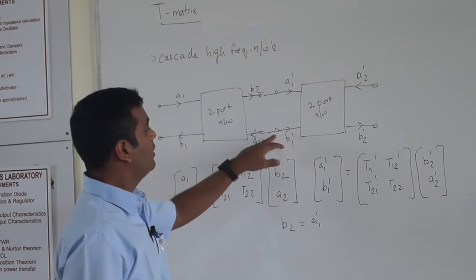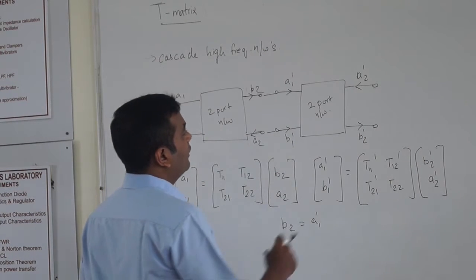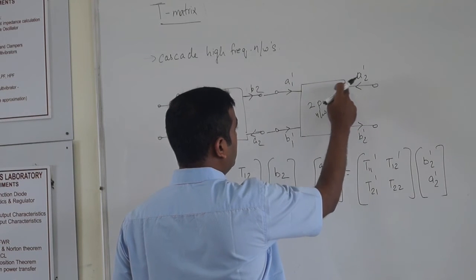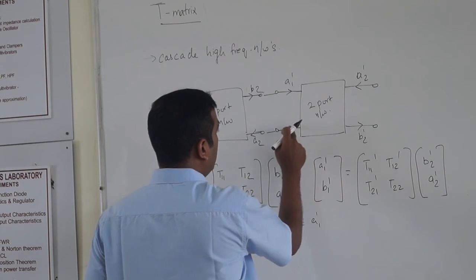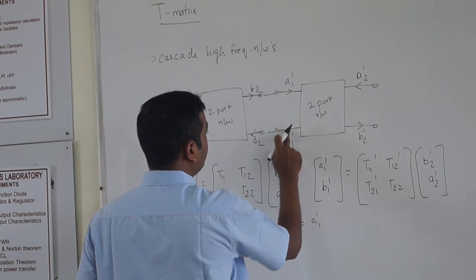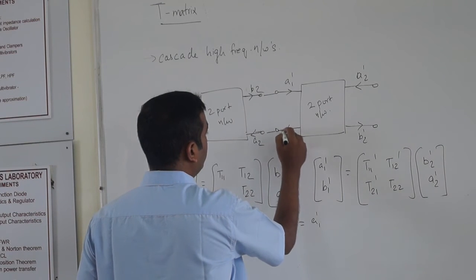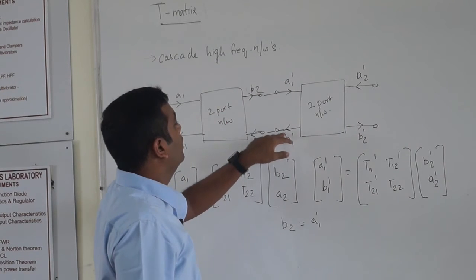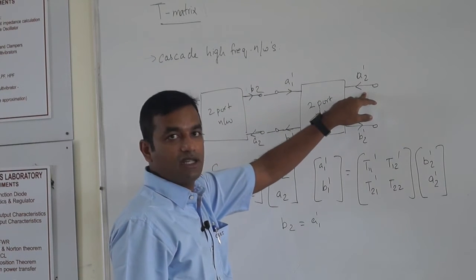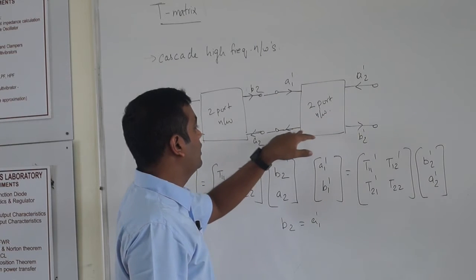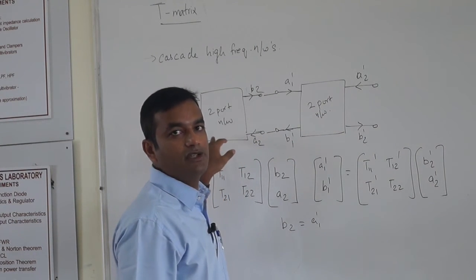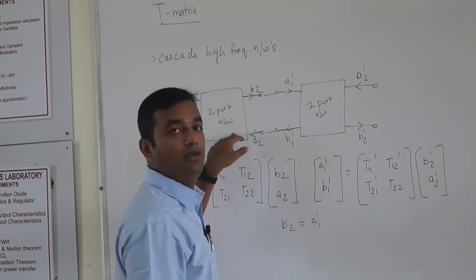And what happens here? Look at this. When I give an input signal here, this signal will be processed here and it will come out. This is B1 dash, this is the direction of B1 dash. I've drawn it wrong. So there is a signal which is entering into the two-port network and it comes out of B1 dash. So the reflected signal will enter into the first port, the first network.